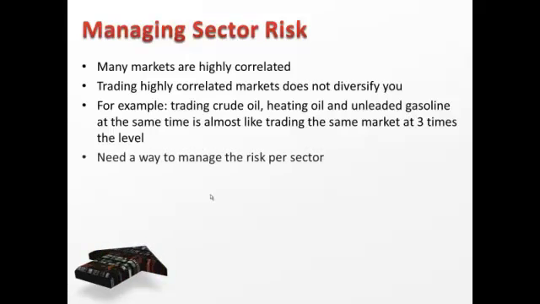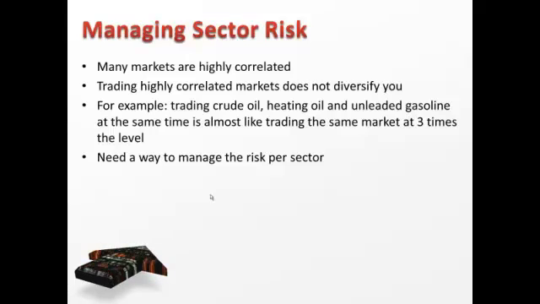And we need a way to manage that risk per sector so that we don't get lopsided, so that we don't get overweighted in one area. If you can imagine a wheel, we want each part of the wheel to be equally weighted so that it doesn't get out of sync or out of whack, so that we can roll along smoothly.